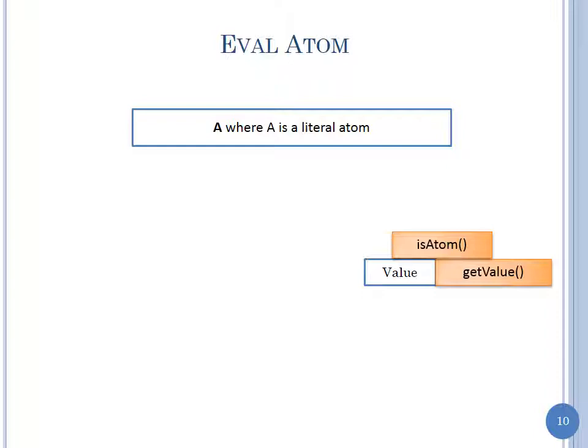Let's say A is not an identifier. We're talking of A right now as being a literal. I should mention that explicitly: assuming it's a literal, what should eval of A do?